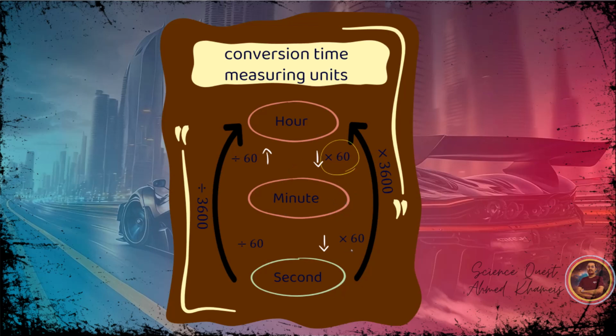From minute to second, we multiply by 60. And to convert from second to minute, we divide by 60. And from minute to hour, we divide by 60. And if we want to convert from second directly to hour, we divide by 3600. And if we convert from hour directly to second, we multiply by 3600.